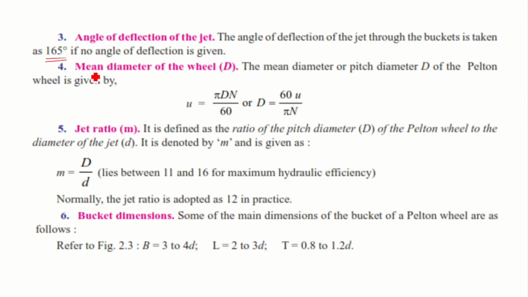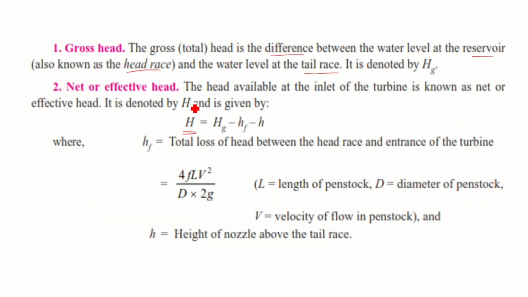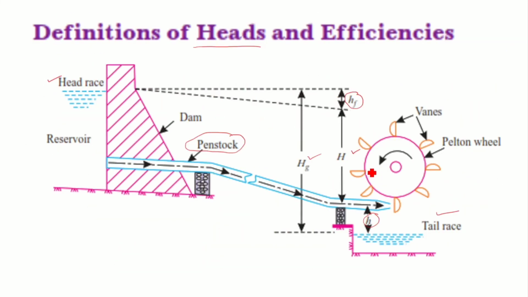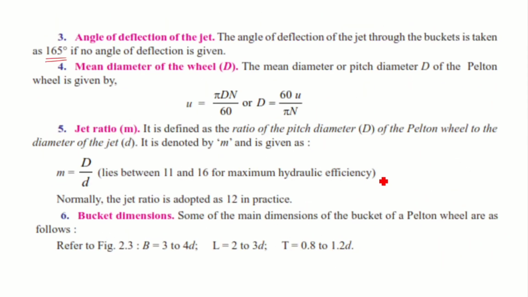Next, mean diameter of the wheel. I will show you. Mean diameter of the wheel is this much, the mean diameter of the wheel D. So mean diameter of the wheel can be obtained from the equation u is equal to, we know that velocity of the runner can be obtained from pi D N by 60.